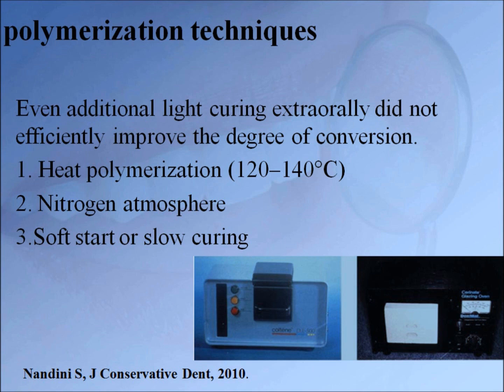Second, unreacted monomer will be volatilized during the heating process. The combination of heat and light increases the thermal energy sufficiently to allow better double bond conversion. It was observed that wear resistance increased by 35% on curing with both light and heat when compared to curing with light only. Number two, nitrogen atmosphere.